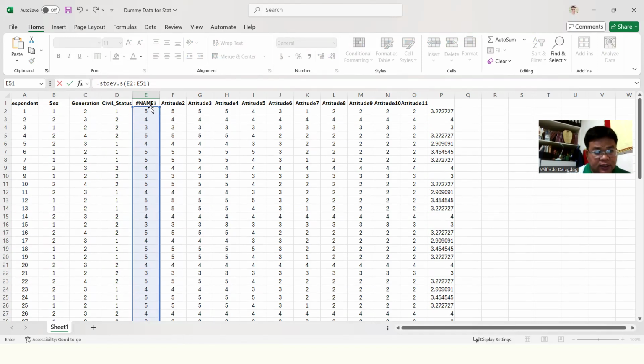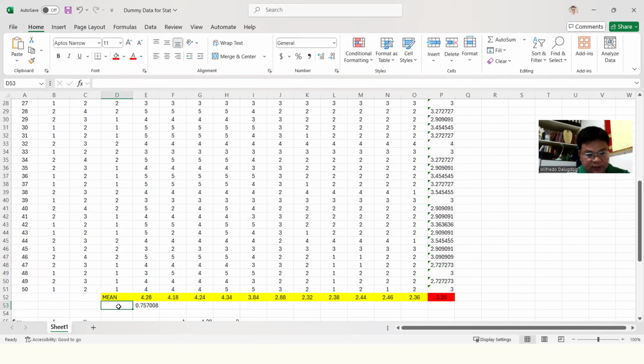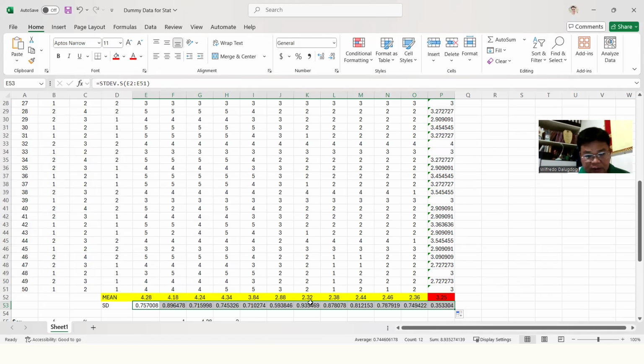Then close the parenthesis, and that's the standard deviation. You can use STDEV, meaning it is an indication that you're referring to a standard deviation. So these are the standard deviations of each of the variables.